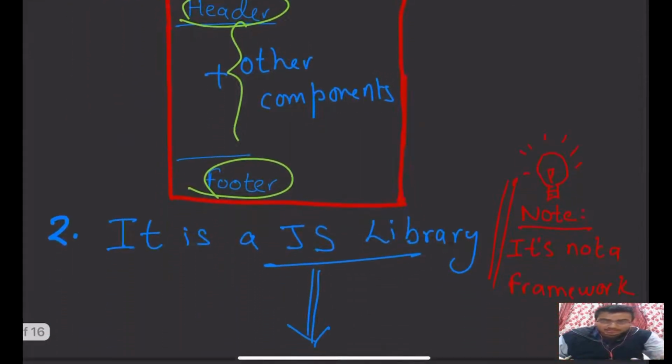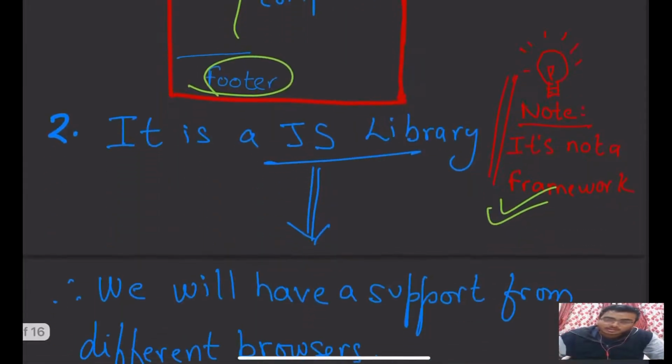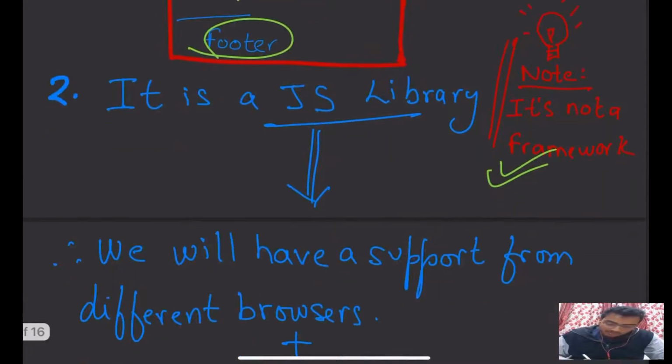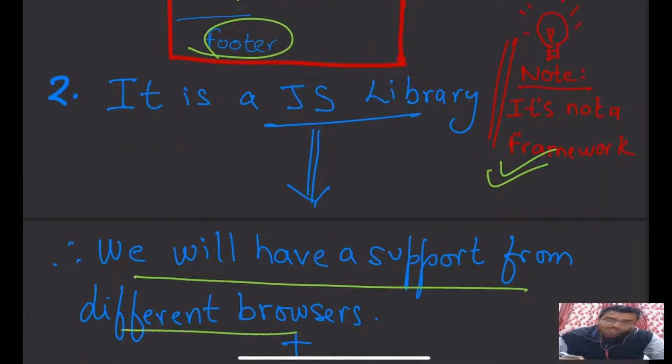Second benefit is it is a JavaScript library. Note, I am always saying it's a library. It's a JavaScript library and not a framework. React is not a framework, so you must always note this. How is it a benefit? It is a JavaScript library, correct, but how is it a benefit? We will have support from different browsers. When you make a web application using JavaScript, you have support for several browsers.